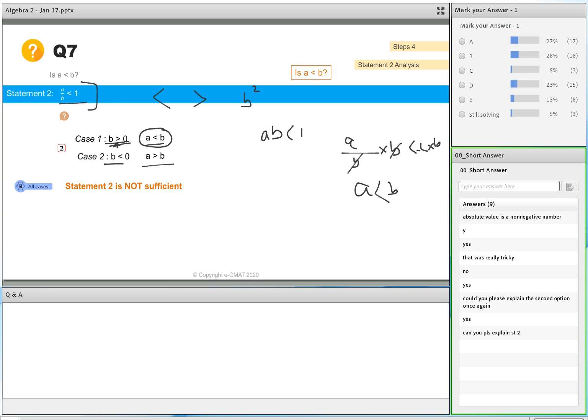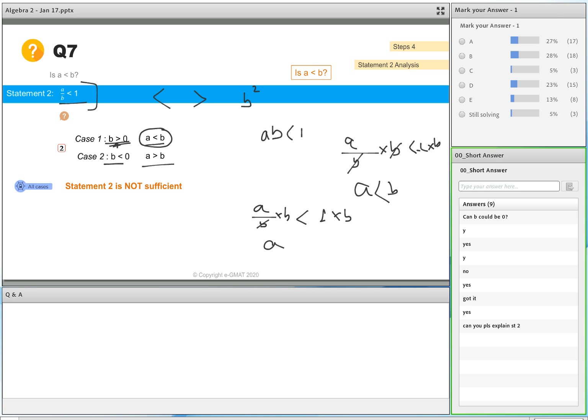The next part tells me what if b is a negative number. We'll do the same process. I have a by b, and this is less than 1 according to the question, right? Now b is a negative number. If I multiply b to both sides of this inequality, what do I have? The b's would cancel out.